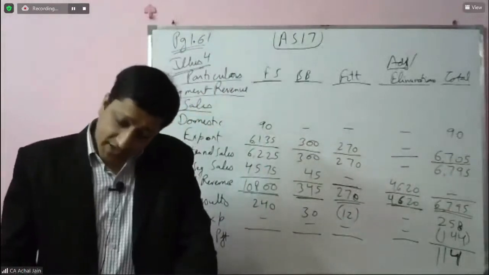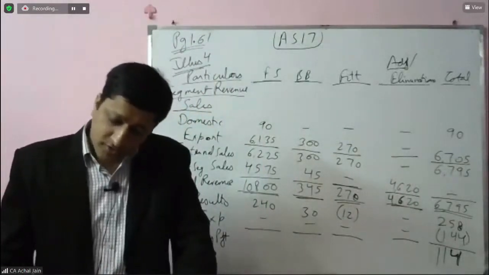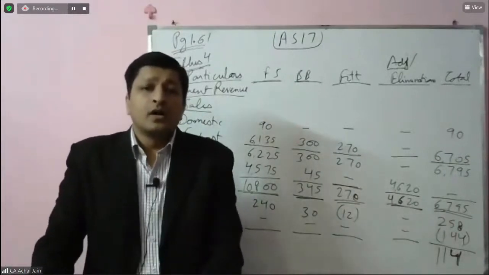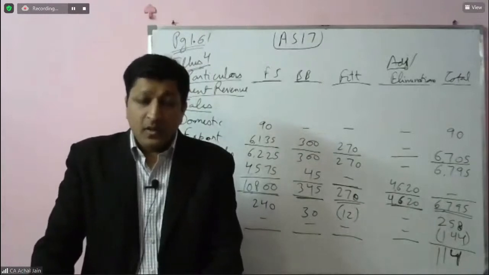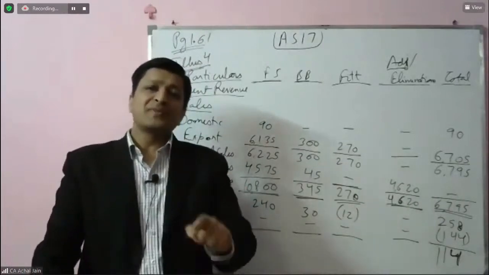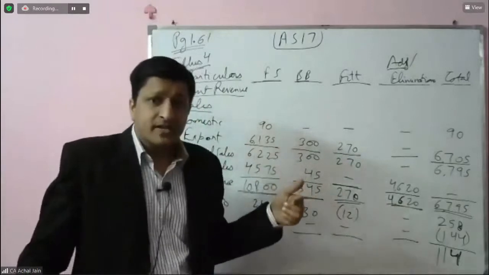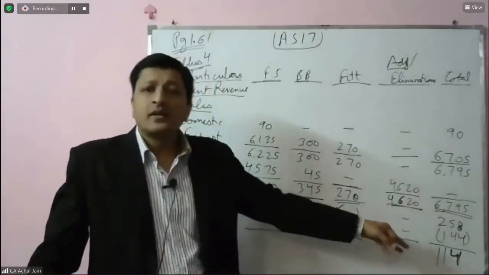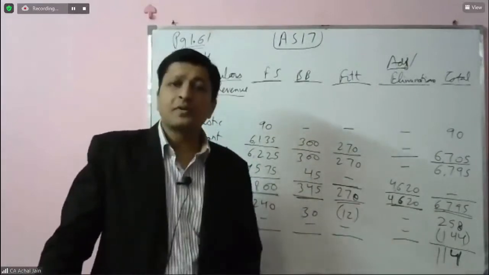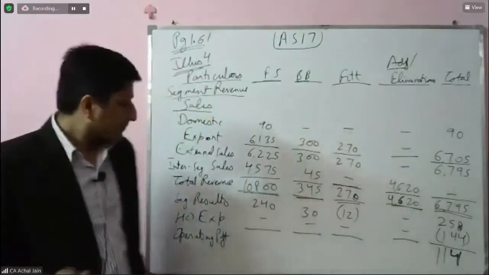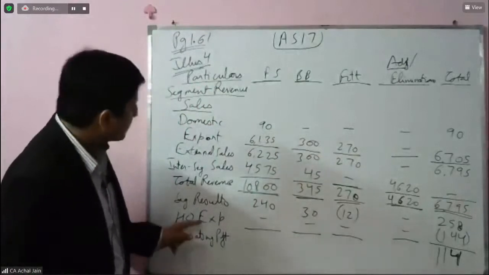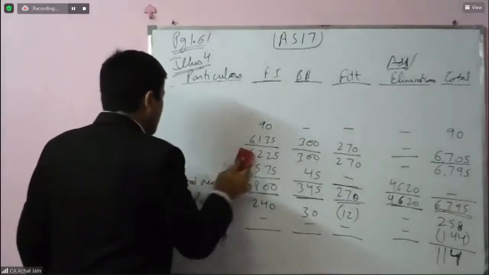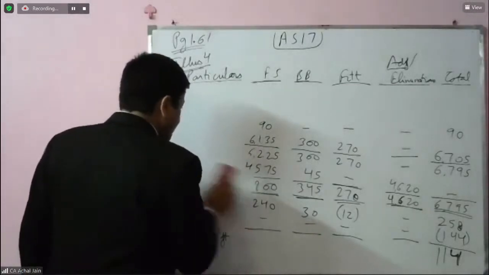Then comes the next item, interest cost. Interest cost should go out again. But do we put this information of interest under respective segments? No. These are not taken to respective segments. So where do you take it? To the corporate level. What's the corporate level? Company as a whole. So what I do is I just put this information over here. You can just continue with the same part below this.